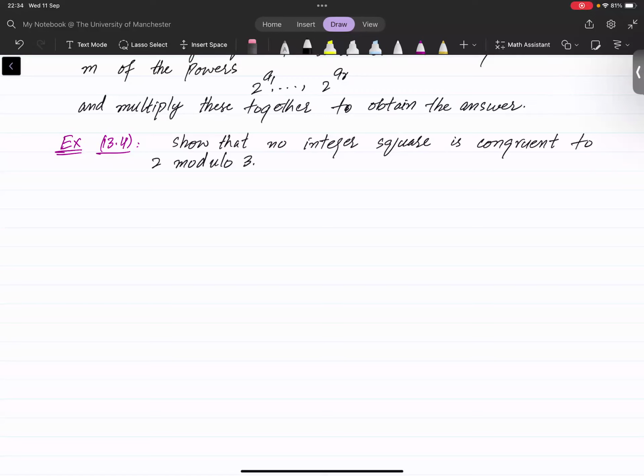In other words, the sequence 2, 5, 8, 11, 14, 17 contains no squares.